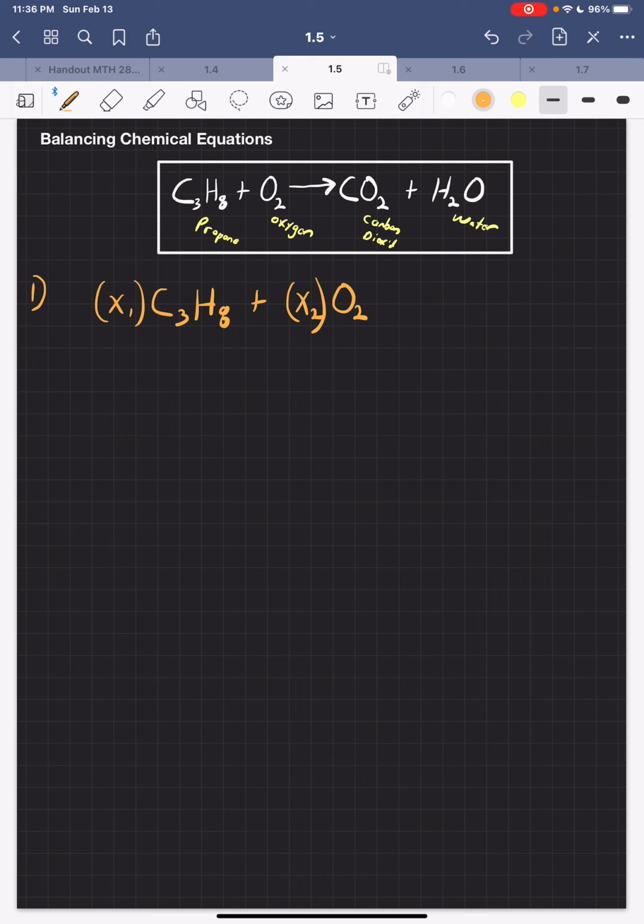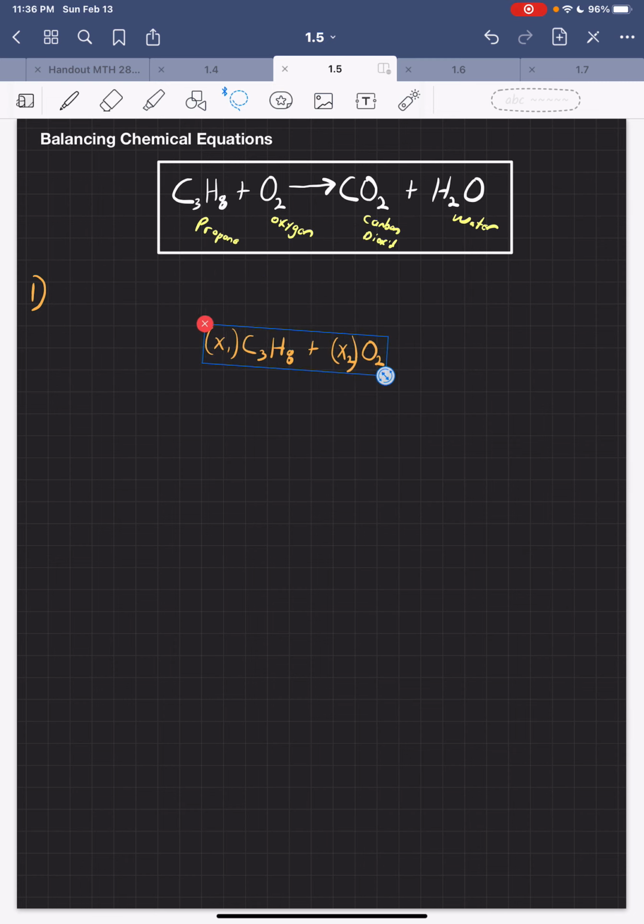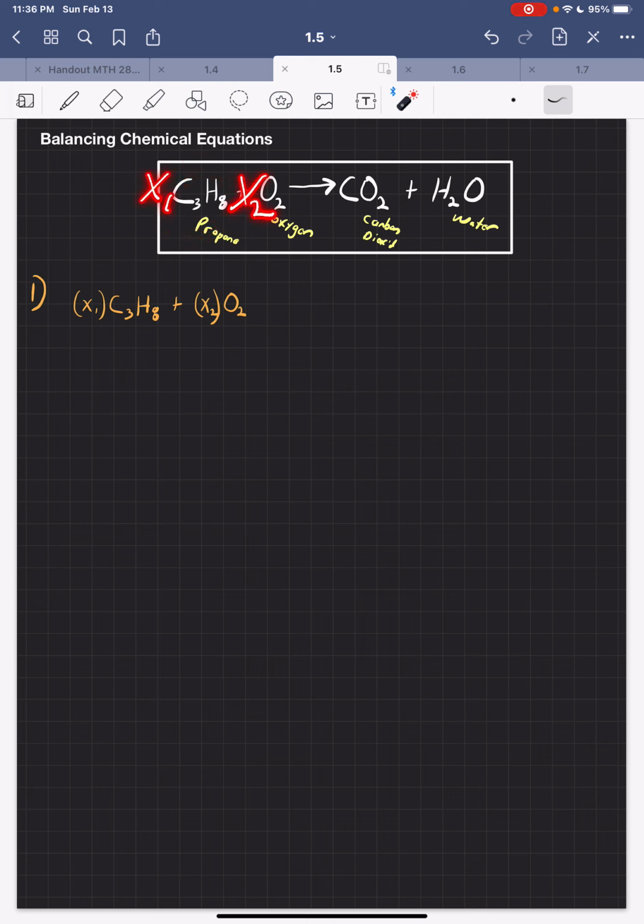And then I need to make this smaller so I have enough room to write the entire chemical reaction. So we have attached x sub 1 here. We've attached x sub 2 here. We are going to go ahead and state this as an equation. So this must equal.